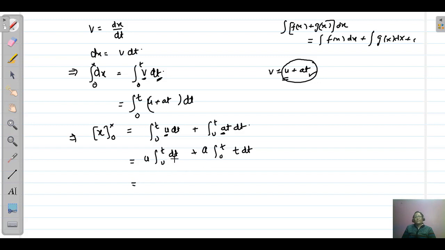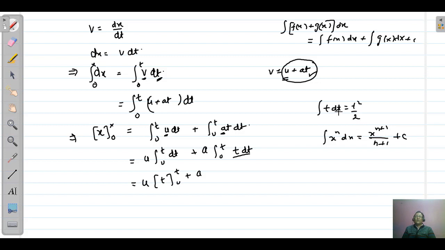As said earlier, the integral of dt is t, so it is t with limits 0 to t. Now for t dt, the integral of t dt is t square by 2, using the formula: the integral of x raised to the power n dx equals x raised to the power n+1 by n+1, plus c. Here we put n = 1, so it is x square by 2, and for t dt it is t square by 2, with limits 0 to t.